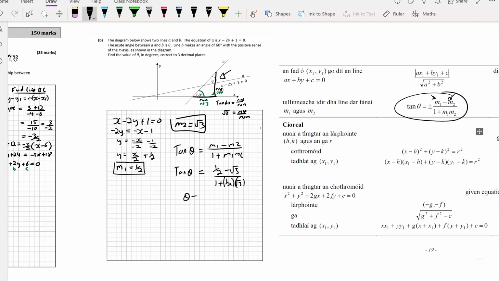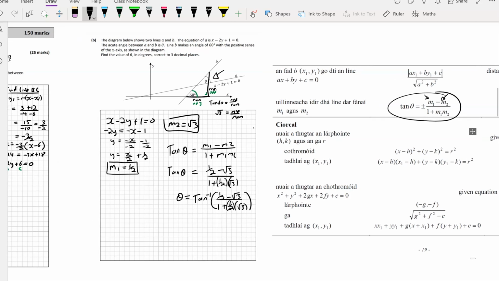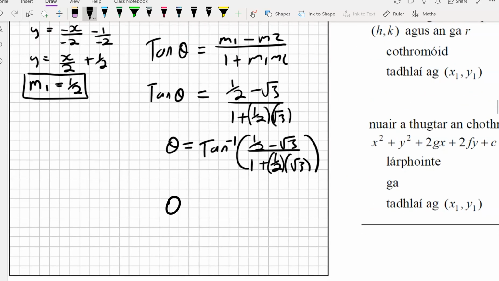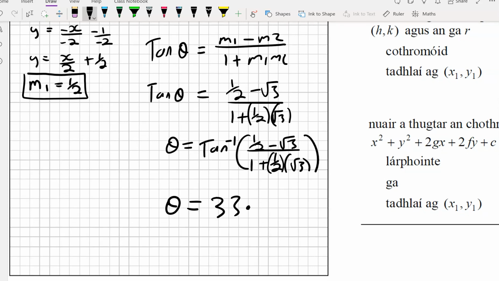So then if I want theta, it's just going to be the tan inverse of all of that. Half minus root 3 over 1 plus a half times root 3. So our theta then is going to be 33.435 degrees.